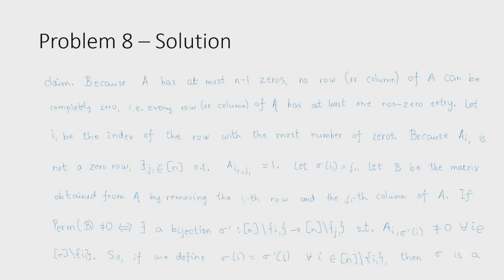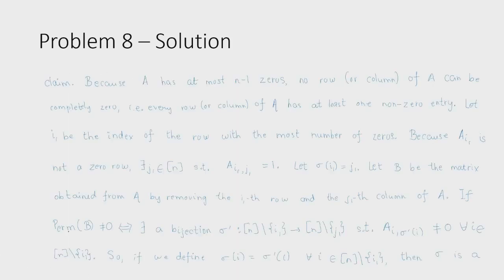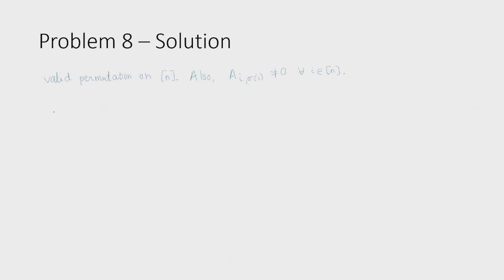And for the rest of I, it follows that A I comma sigma I is not equal to 0 from the way we have considered sigma prime from B. So if we can show that the permanent of B is non-zero, then we would have such a permutation sigma. Then as we saw before, this implies that the permanent of A is non-zero. So now let's show that the permanent of B is non-zero. That's the second claim.